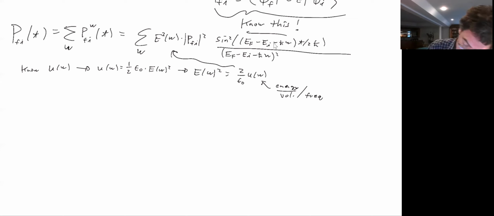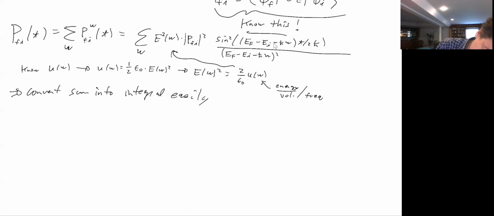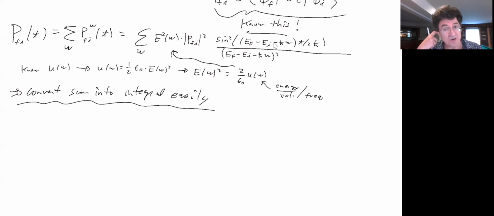That's the beauty of it. We can convert the sum into an integral easily. We don't have to do the density of states business because it's already built in. The density of states concept is already built into that spectral density.